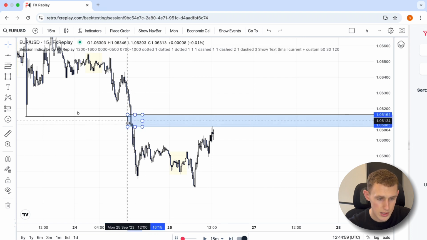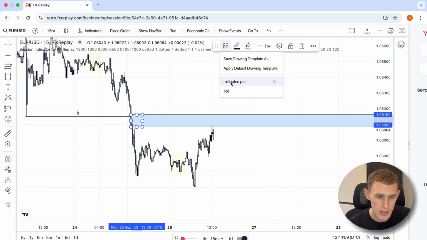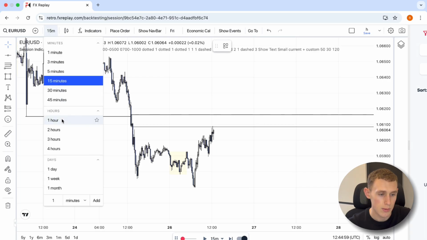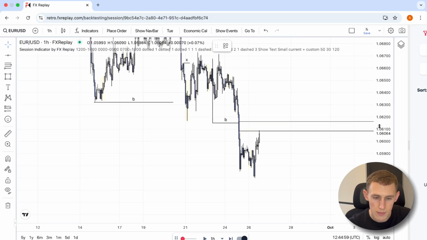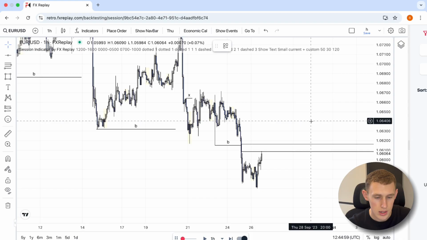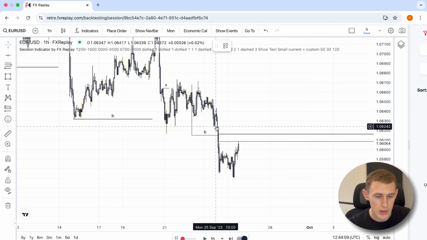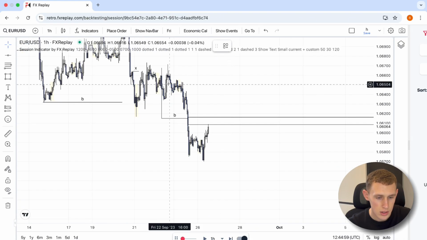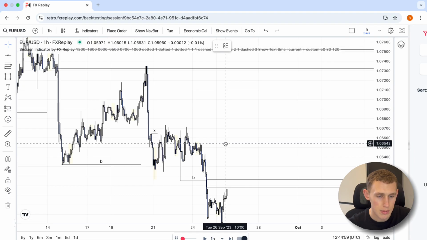There we go, so price has tapped into the supply zone. Let's see how it reacts from here. If it goes higher than this, then maybe you could see it come into this area, or even come back up and sweep these highs that we have.